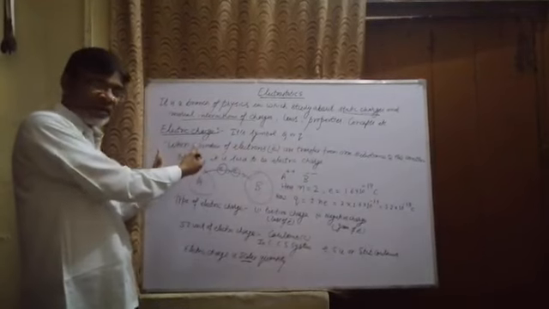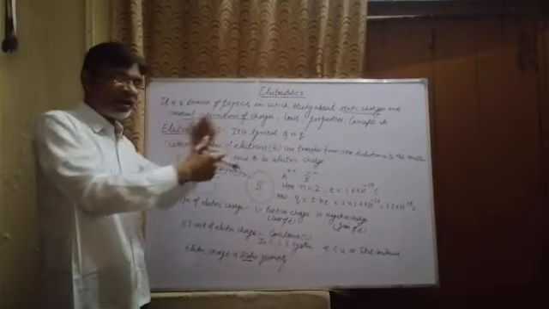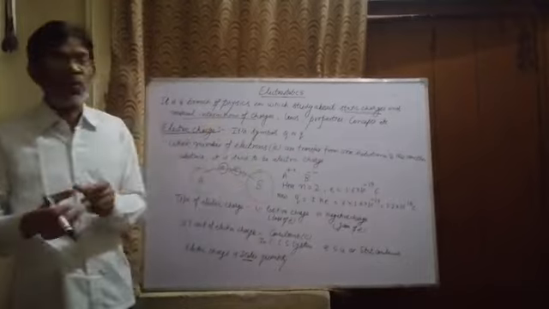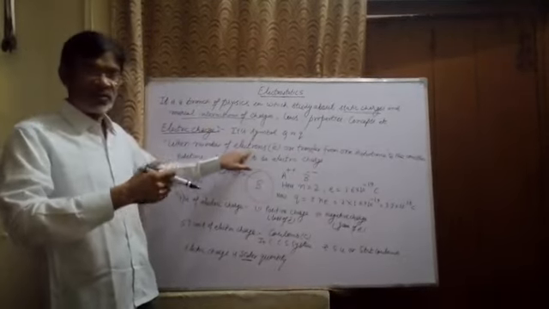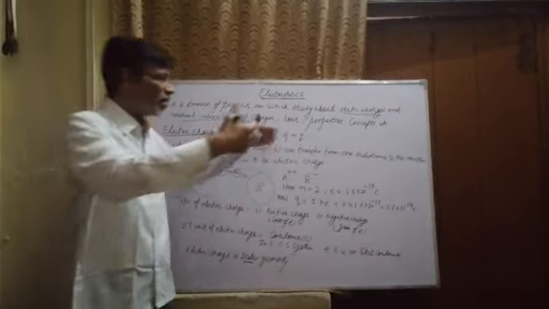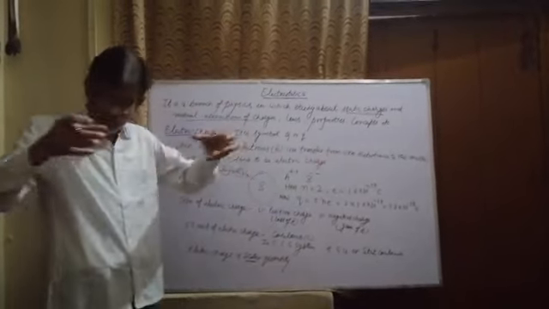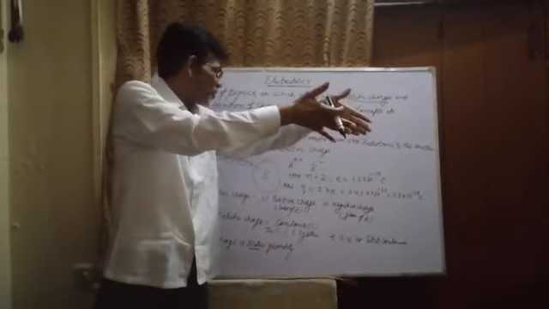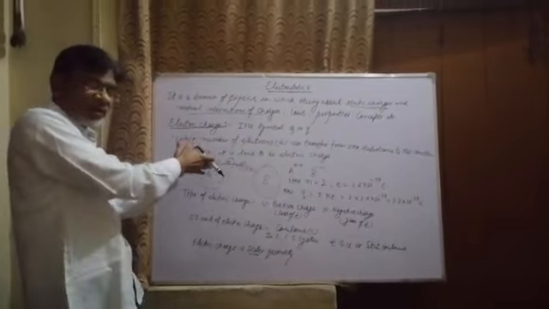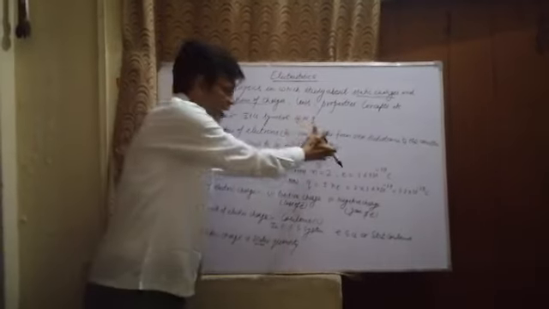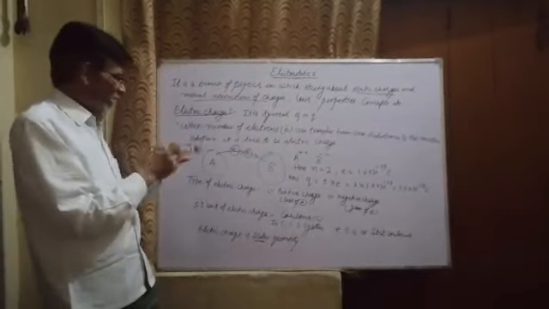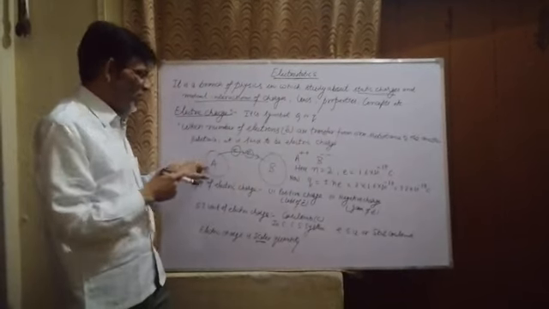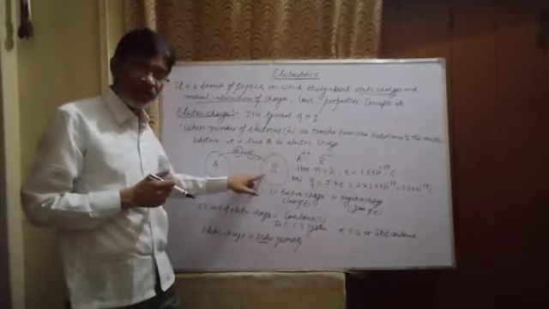Now define electric charge. How can we define electric charge? When a number of electrons are transferred from one substance to another substance, it is said to be electric charge. Here in this figure, A is a substance and B is another substance.